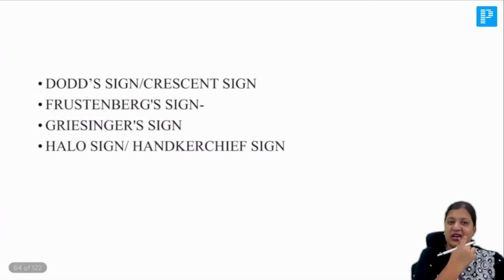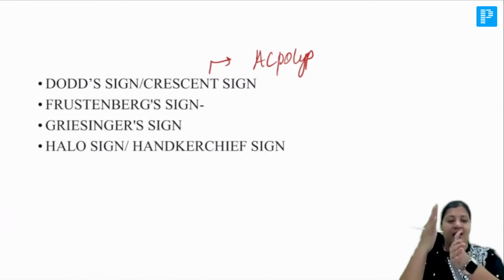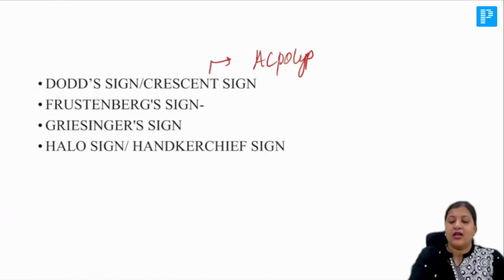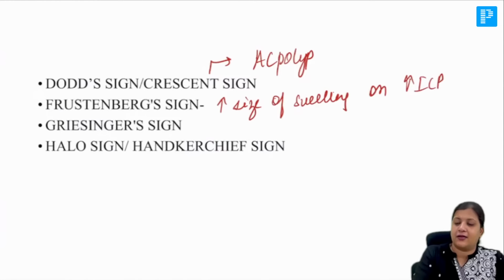Now let's go to the radiological sign, which is called dot sign or crescent sign. This is seen in antrochoanal polyp, where there is an air shadow between the polyp and the posterior pharyngeal wall. Furstenberg sign is an increase in the size of swelling on increasing the intracranial pressure.